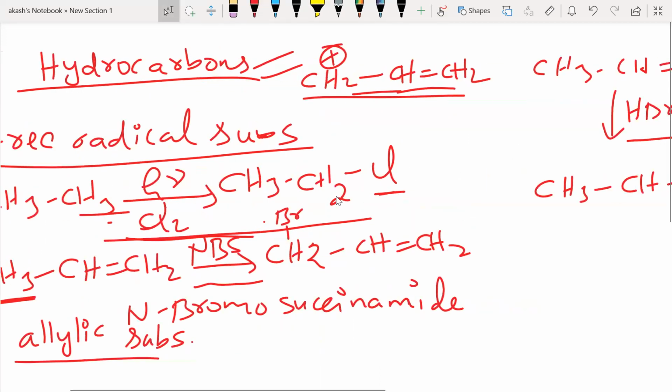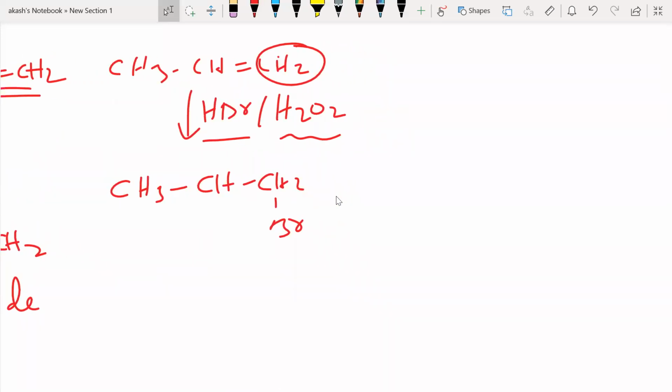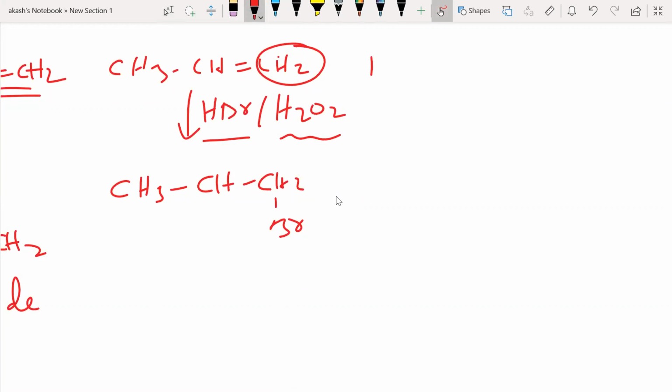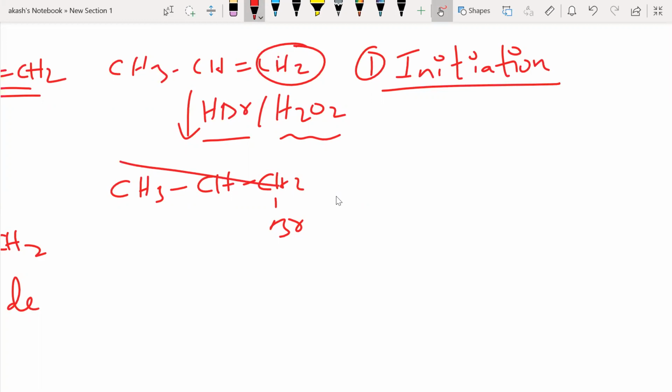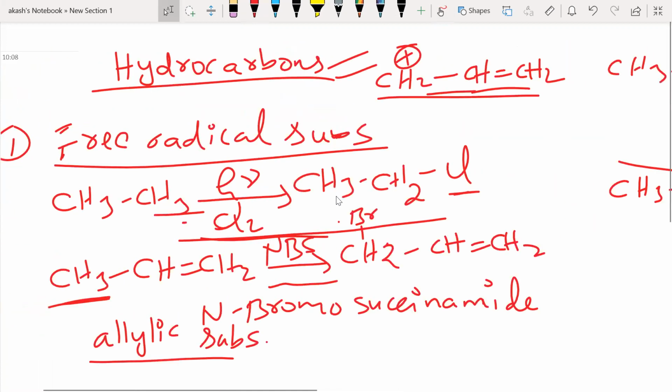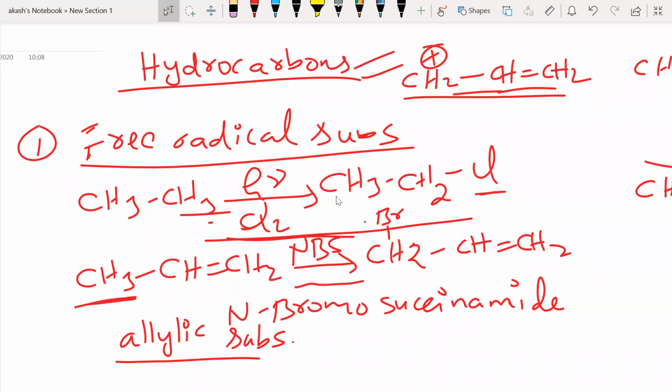When I look at the mechanism, I have three steps. In any free radical mechanism, there are going to be three steps. Understand that, okay? So the first step is what is called the chain initiation step. In the chain initiation step, the chlorine molecule, which is here, is going to undergo homolytic cleavage to form chlorine radicals.